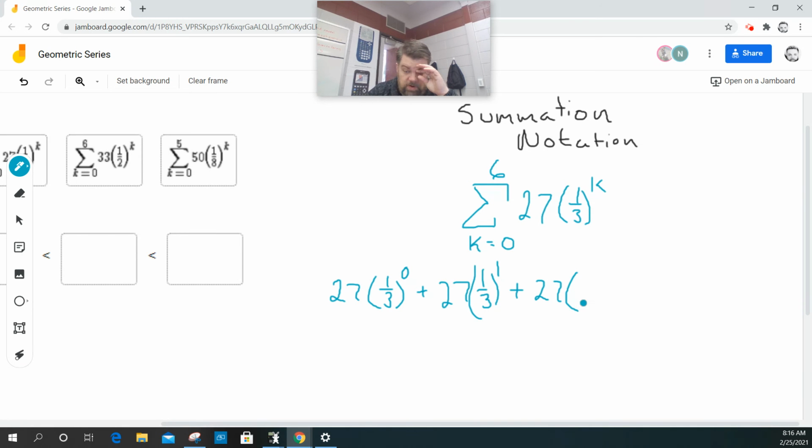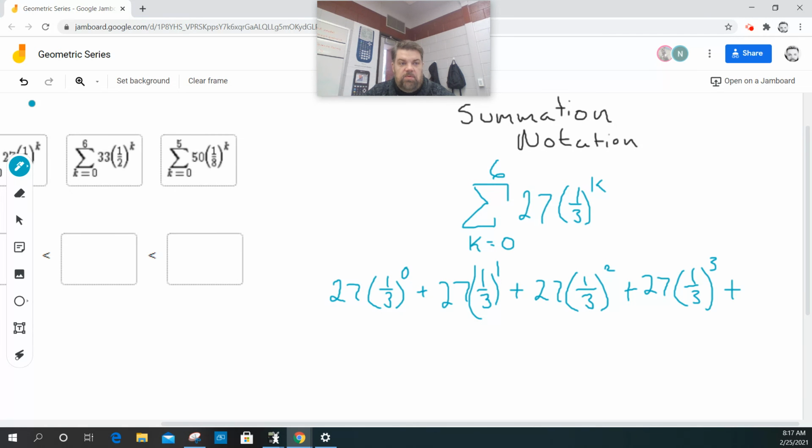Remember that with our recursive notation, we start with the first term, and then in a geometric sequence we multiply by our common ratio to get the next term. And then when we convert that to the explicit form, it's the first term times, I'm still not going to have enough room.